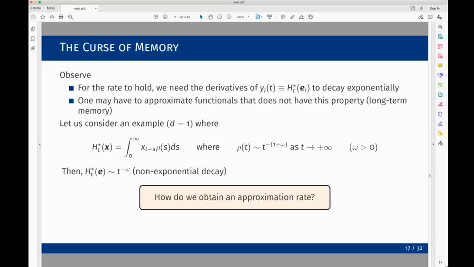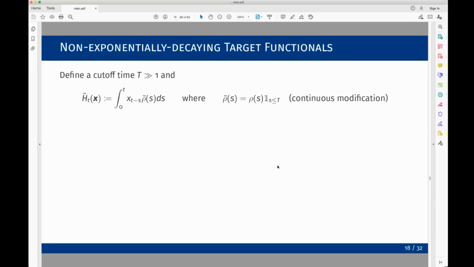So how do we obtain an approximation rate for this kind of function? One way to consider approximation is to introduce a cutoff time capital T, which is sufficiently large, and then we just approximate the density rho s up to time capital T. Then our cutoff will give us an error estimate of order t to the power of minus omega.